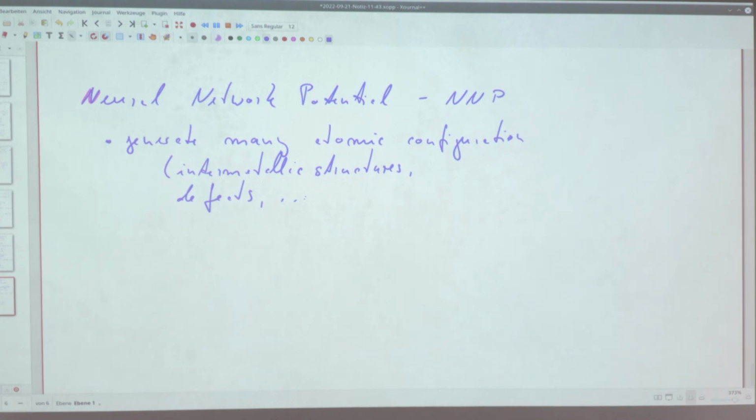Then you calculate their energy using ab initio methods, typically. And what is very important, you also do a structural relaxation.